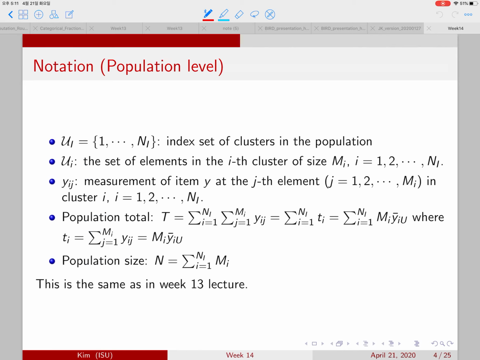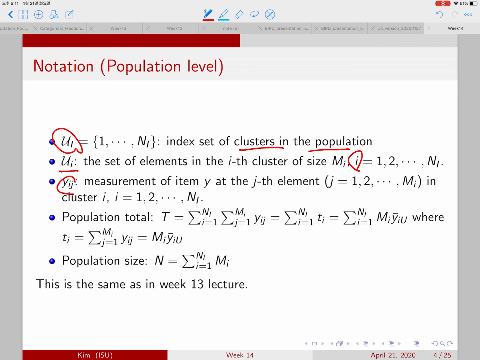Now we introduce some notation associated with cluster sampling. At the population level, the notation is exactly the same as single-stage cluster sampling in the week 13 lecture in the last class. Basically, subscript capital I denotes the cluster population, the cluster level population, and within cluster I we have a set of elements.